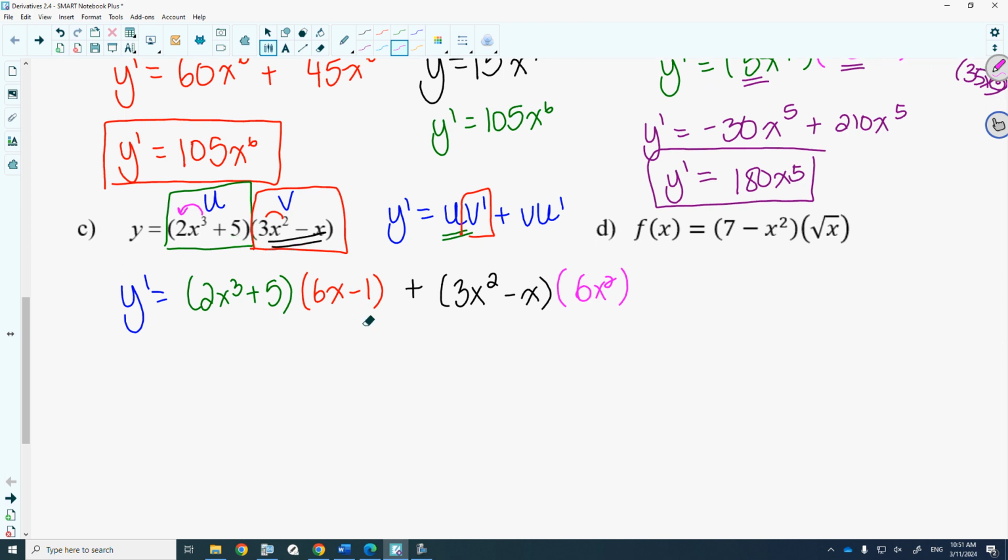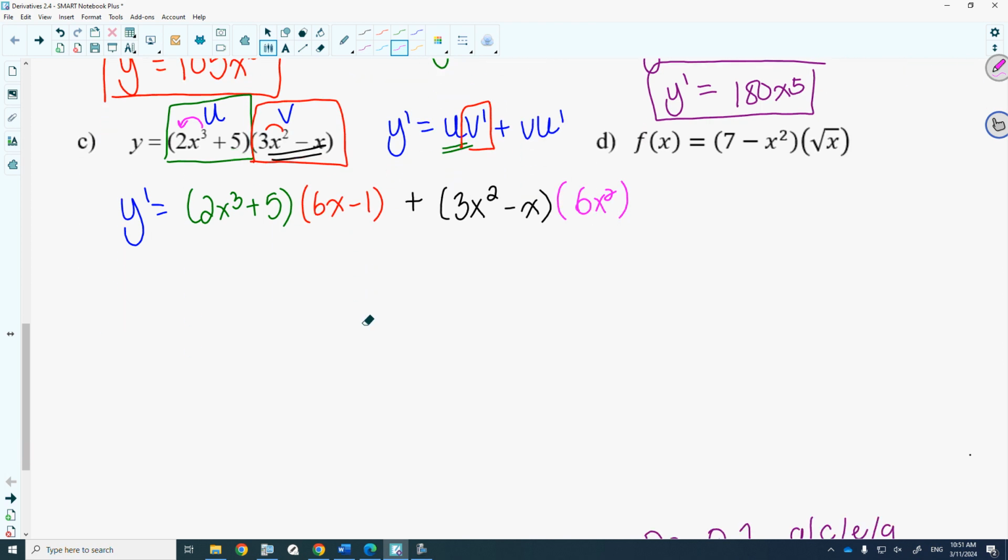Okay, let's clean this up now. So y prime is equal to, we're going to expand out these two binomials.